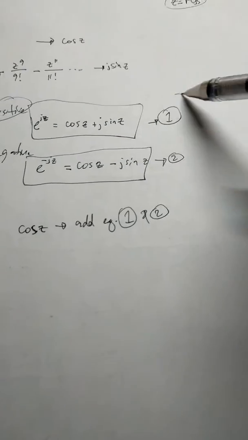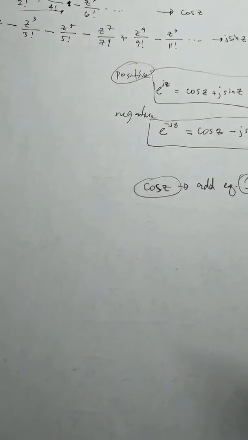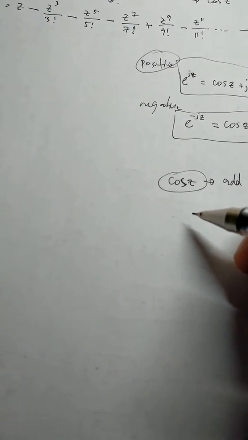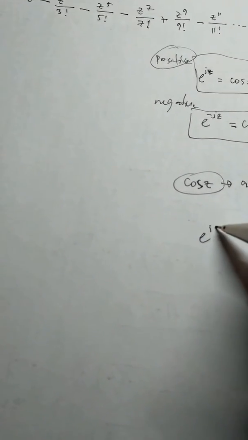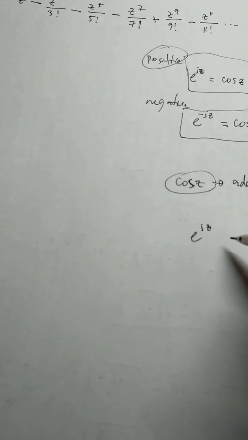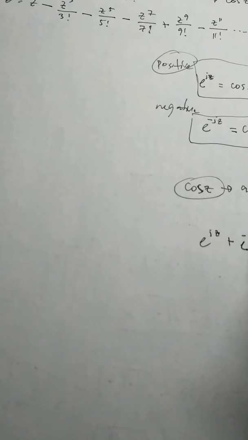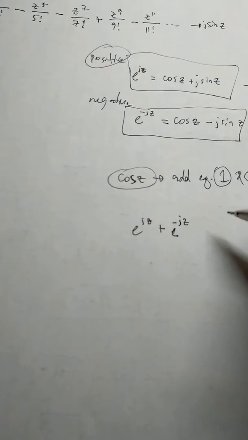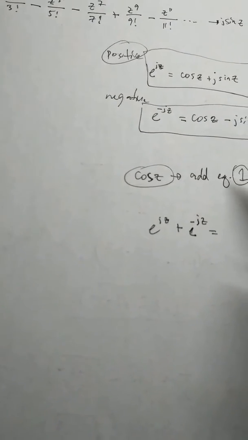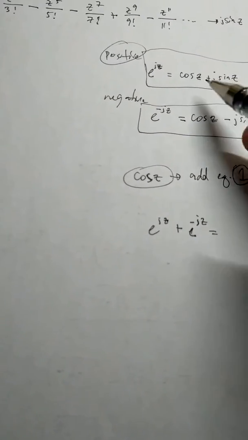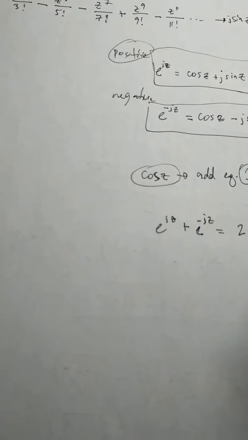So ining equation aton siya i-add para makuha naton ang cosine z. So it will become, so kung i-add nato, so we have e raised to jz plus e raised to negative jz equals to, so we add natin, so this will become, so trigonometric identities, so 2 cosine z.